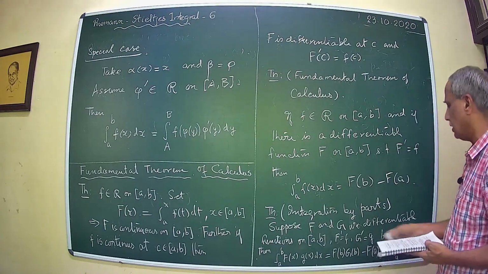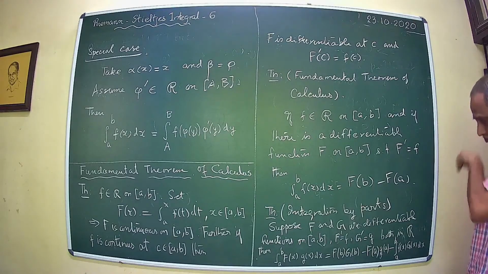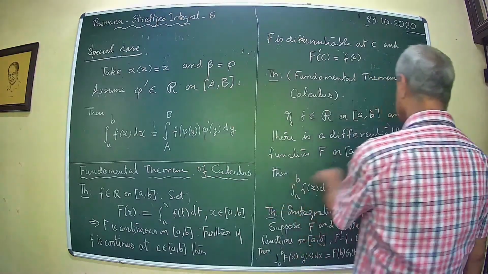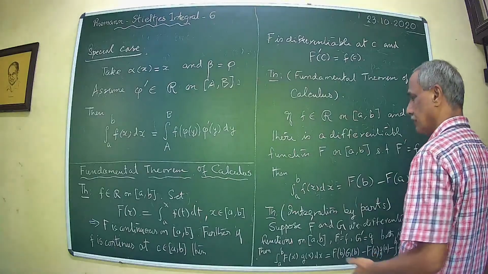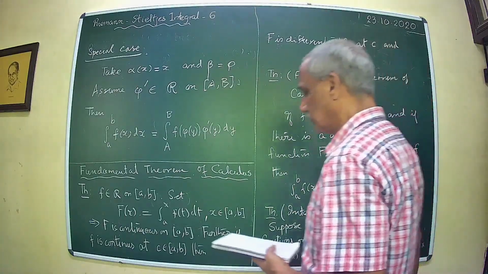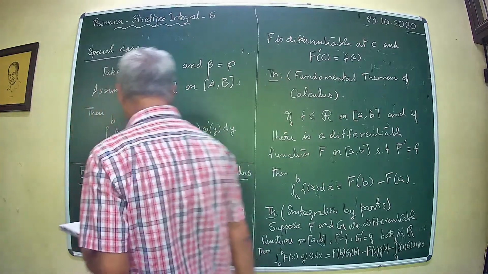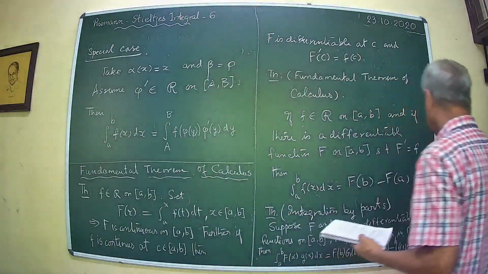So this was actually working with capital F into G and then working on the derivative of it. That's fairly simple to work with, and we have discussed it in detail.